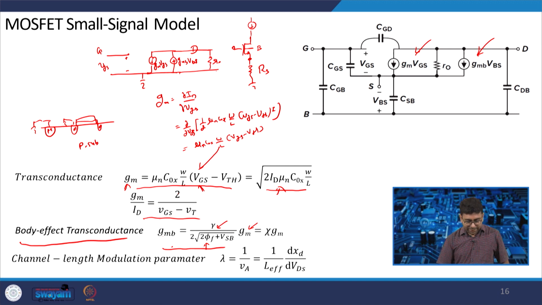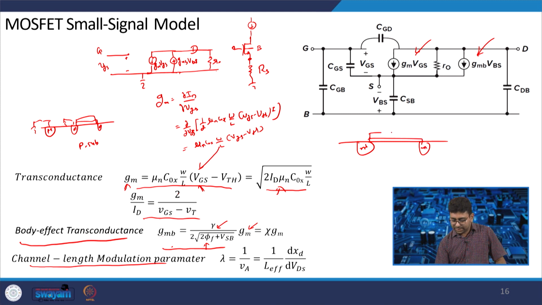There is also channel length modulation occurring in the MOSFET. If this is N plus and N plus and this is the gate, as your drain voltage is high and you are increasing the threshold voltage, the point at which pinch off occurs shifts.